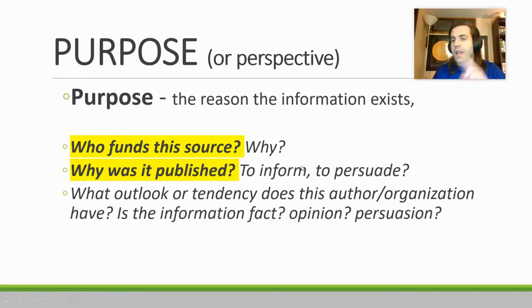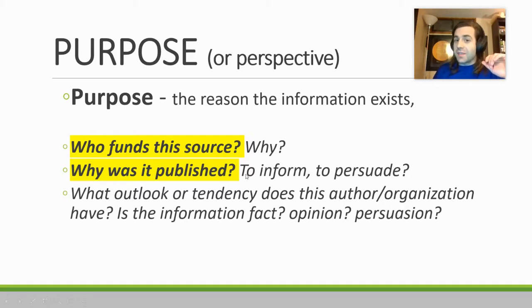And generally there's two criteria about why something is published. The first one is to entertain. That's not really what we're looking at today. We're looking at the other two reasons: to inform or to persuade, right? To inform people would be classic news stories or research articles, really just pure data and information without any ulterior motives on it.